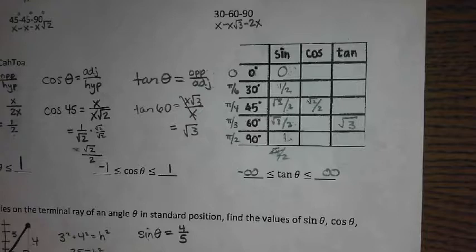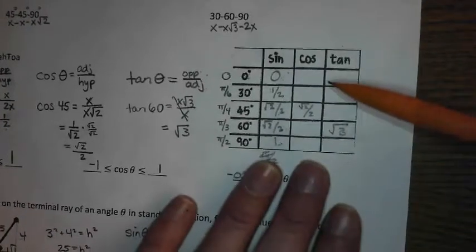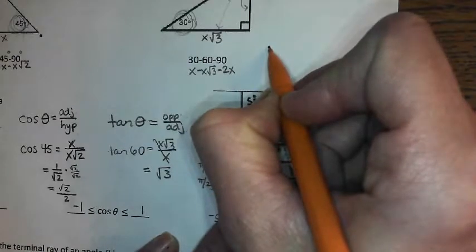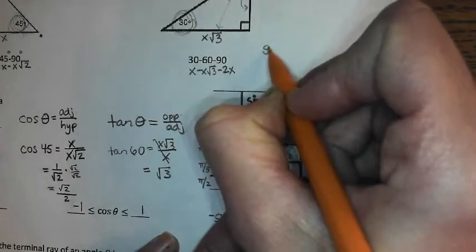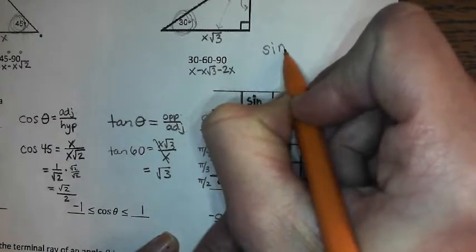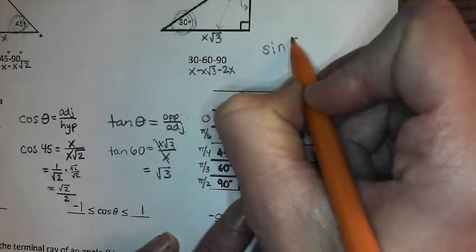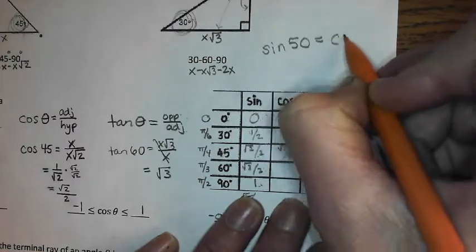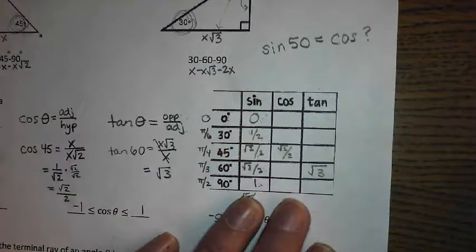Okay? The beauty of, well, let me ask you this. Do you remember this from, I'm going to say probably not, but I'm going to ask because I know you do it in geometry. Do you know the sine of 50 equals the cosine of what? Remember that property? Nope. The sine of 50 does not equal the cosine of 50.